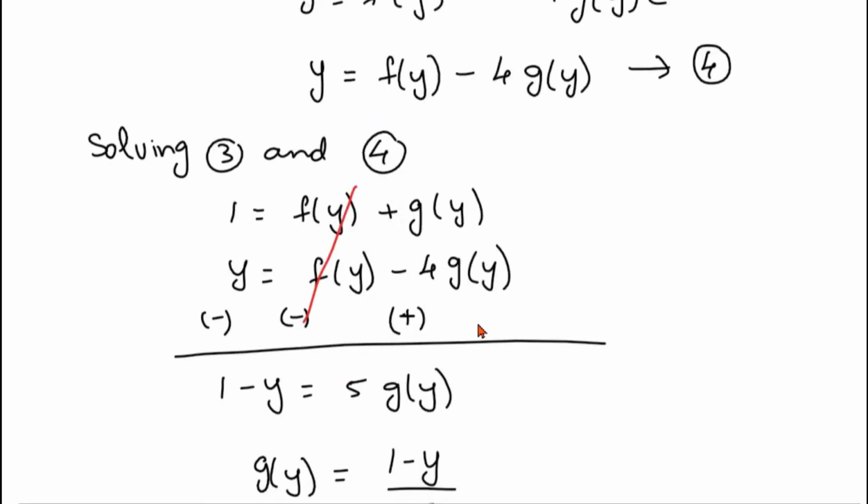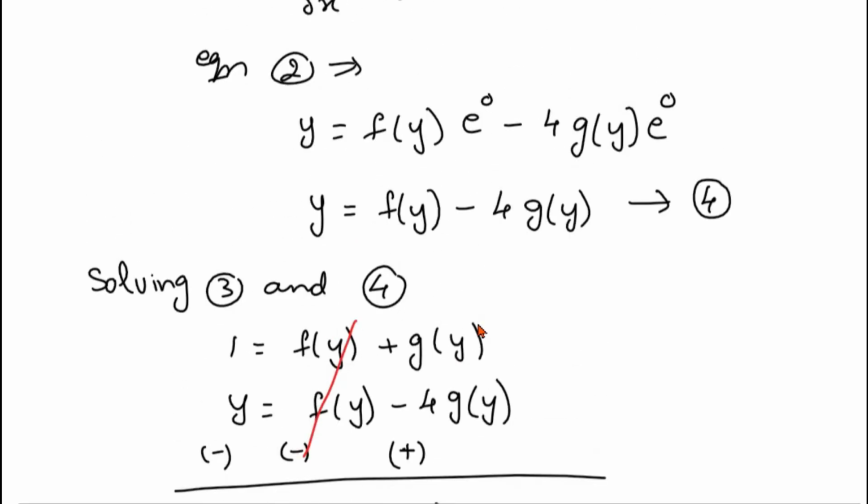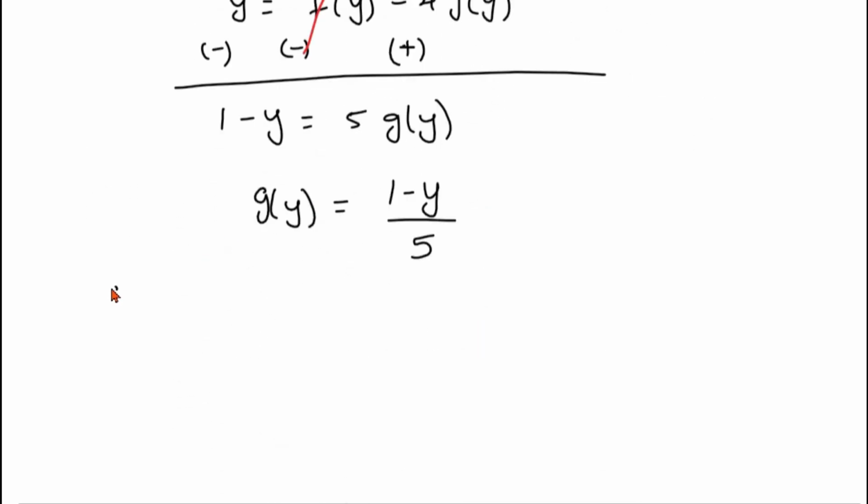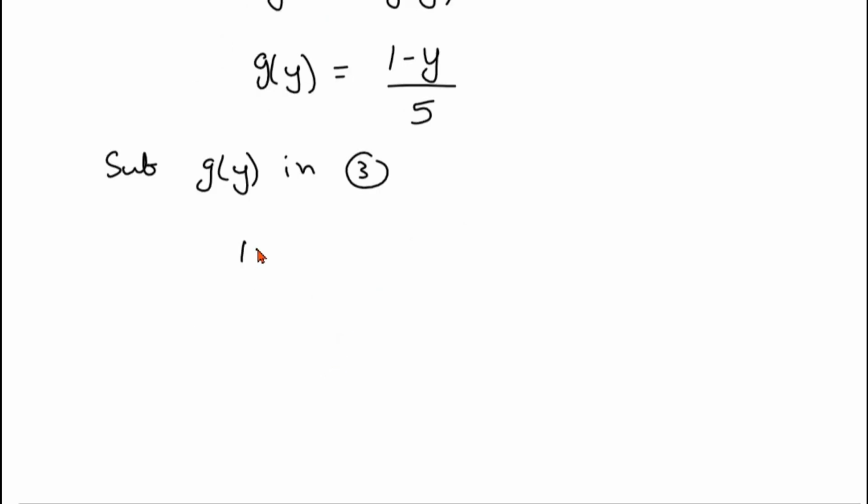So I'll plug in this value of g(y) in equation number 3. Substitute the value of g(y) in equation number 3. So equation number 3 will be 1 is equal to f(y) plus g(y). The g(y) value is (1 minus y) by 5.